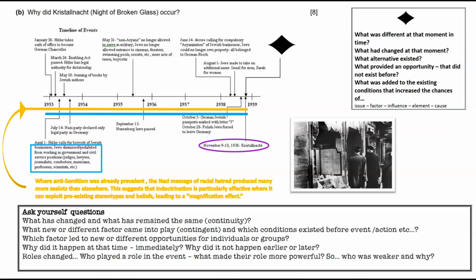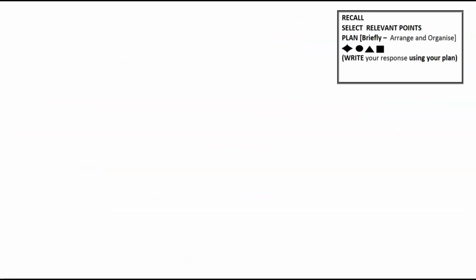What provided an opportunity that did not exist before for the Nazis to act? What was added to the existing conditions that increased the chances of Kristallnacht? And it was the assassination of a diplomat in Paris, a Nazi diplomat in Paris called Ernst von Rath.